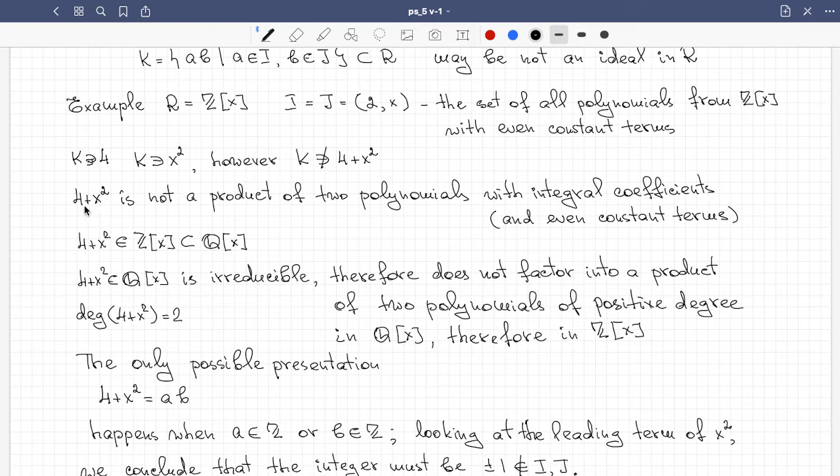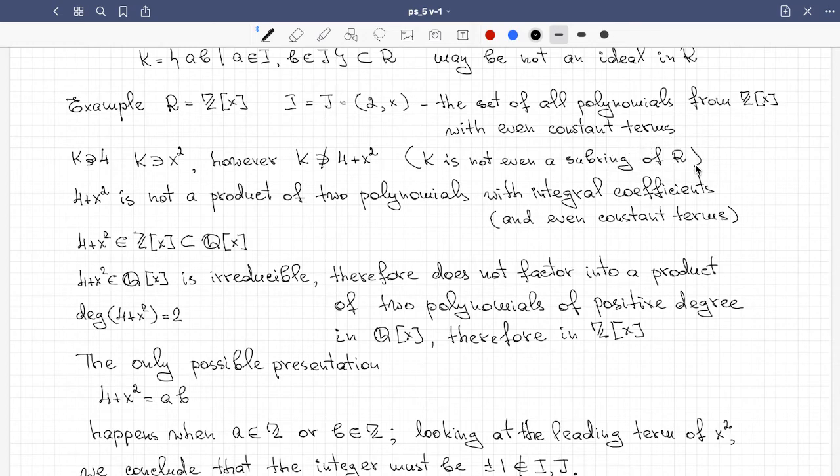And indeed, as you see, the set K not only is not an ideal, it is not a subring. In fact, because it has two elements, but not their sum. So let me write it. K is not even a subring of R.